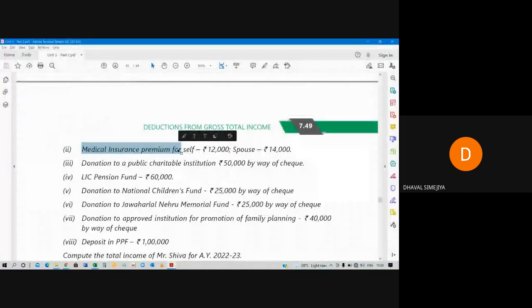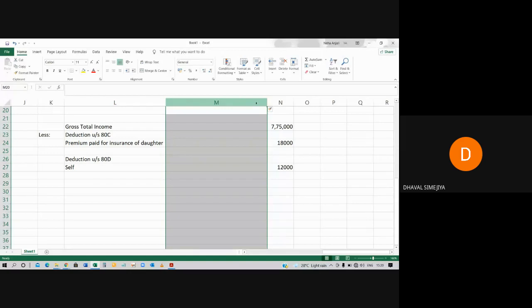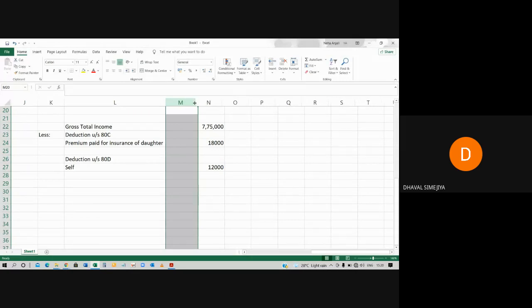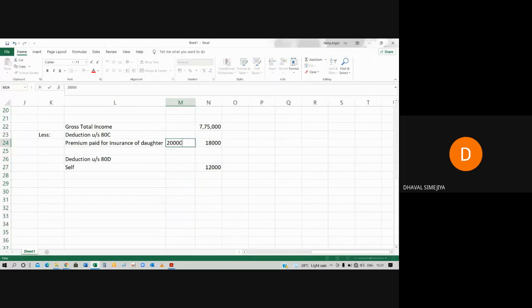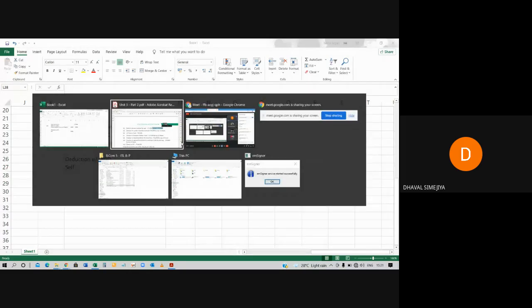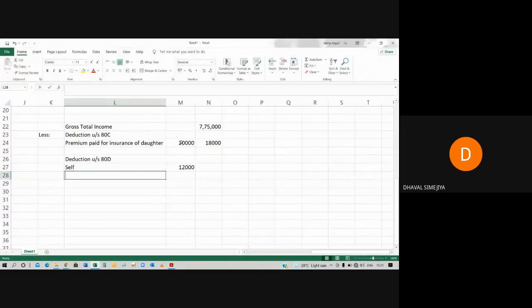For self 12,000, for spouse 14,000. Let's put one column over here. Actually given 20,000 for the insurance premium but available 18,000. Here, actually given 12,000 for self and 14,000 for spouse, so total given is 26,000.